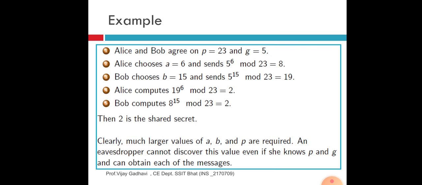Clearly, much larger values of a, b and p are required, and an eavesdropper cannot discover the value. We already learned in unit number 1 when we started the introduction that she cannot discover this value even if she knows P and G and can obtain each of the messages.